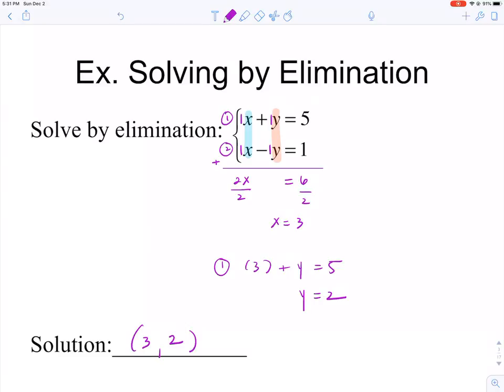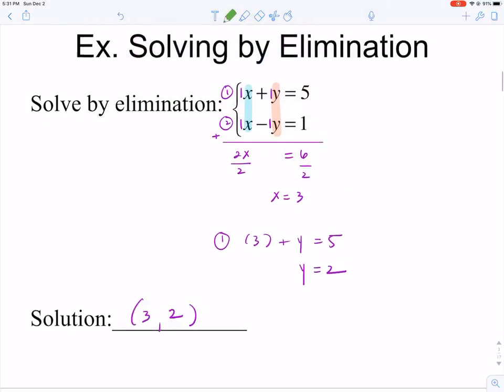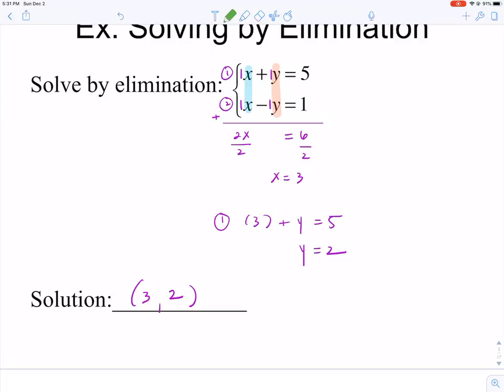And then remember, the nice thing about solving linear systems is that we can check that our solution is correct by substituting our ordered pair into both equations to make sure that it satisfies both equations. So we would have 3 plus 2 equals 5. We get 5 equals 5.